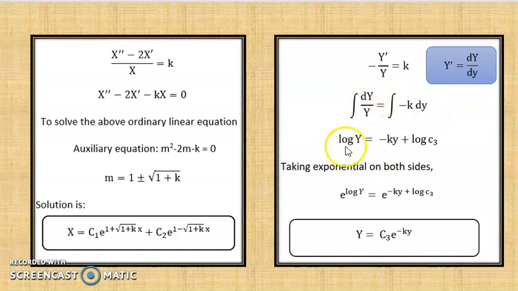Then on integrating, we have log Y equal to minus ky plus log c3. Then taking exponential on both sides, we get e raised to log Y equal to e raised to minus ky plus log c3. E raised to log Y is Y. Therefore, we have capital Y equal to c3 e raised to minus ky.